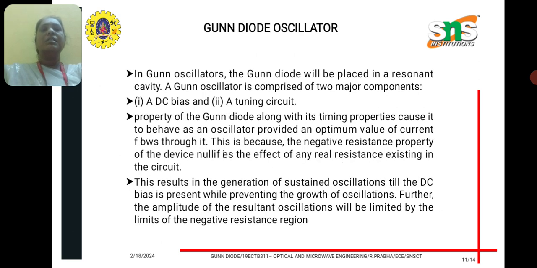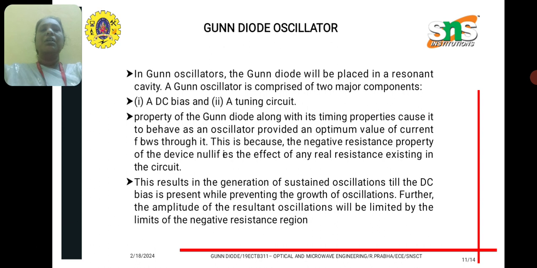In Gunn oscillators, the Gunn diode is placed in a resonant cavity. A Gunn oscillator comprises two major components: one is a DC bias circuit and the other is a tuning circuit to tune to a particular frequency for producing oscillations. The Gunn diode, along with its tuning properties, behaves as an oscillator provided an optimum value of current flows through it.